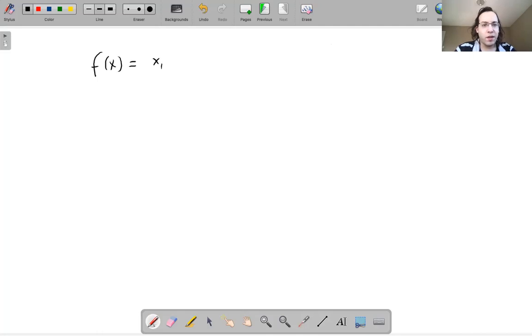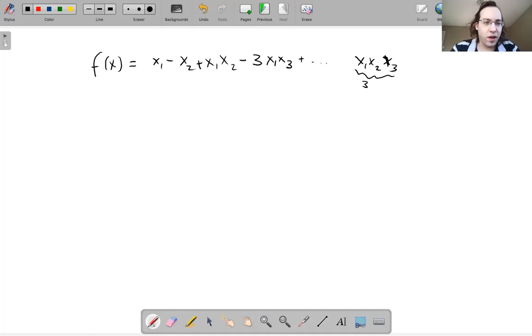So for example, maybe it's x1 minus x2 plus x1 x2 minus 3 x1 x3 plus whatever. So it's a polynomial that uses the variables of the input string x. And we care about the largest monomial, the monomial that uses the most variables. So if we have here x1 x2 x3, and that's the largest one, then we say that the degree is 3 for the function f.